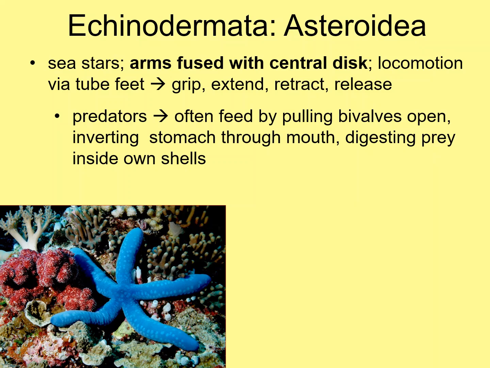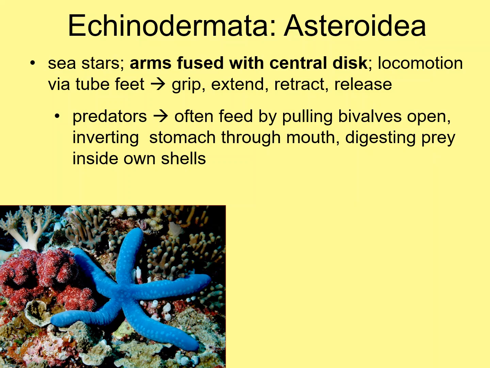Asteroids are predominantly predators, and they feed in a rather interesting way. They use their tube feet, and they have a lot of hydraulic pressure in those tube feet, and they are able to overcome the force of the adductor muscles in the bivalves that are trying to keep those two shells together, and they're able to pry open the bivalve, feeding predominantly on mussels, but they feed on other bivalves as well.